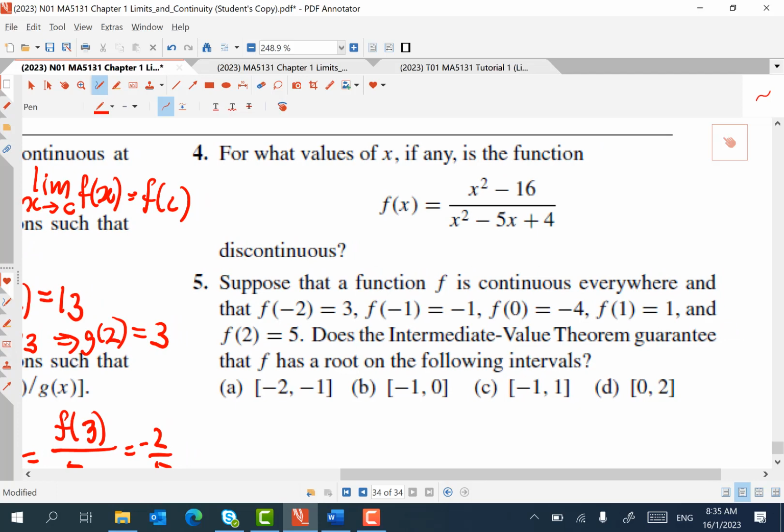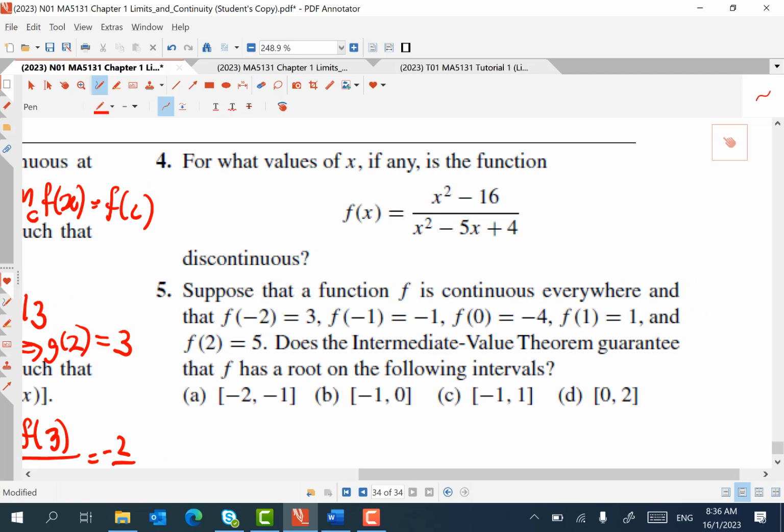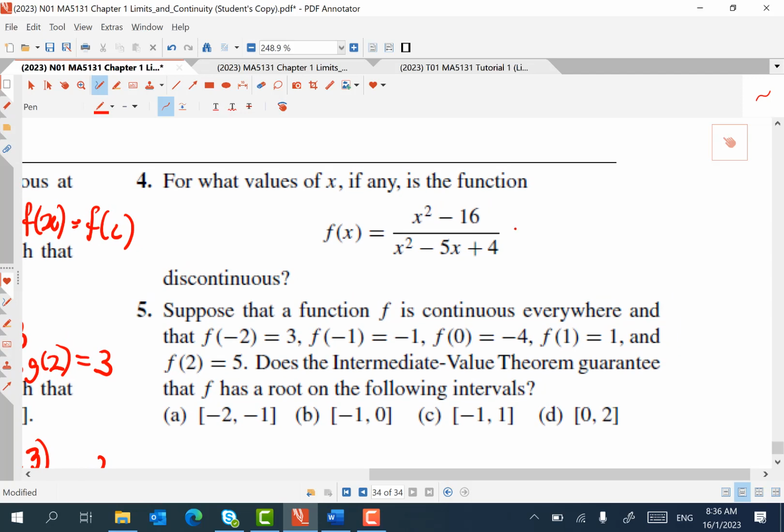Okay, let's do this question again. For what value of x, if any, is the function discontinuous? How do you go about doing this? One way is to factorize the denominator.